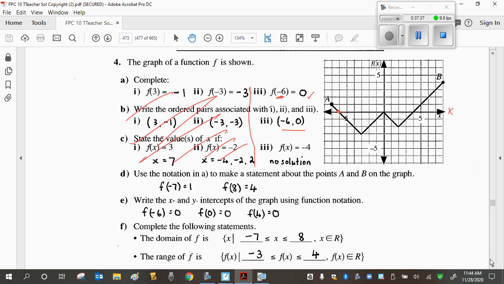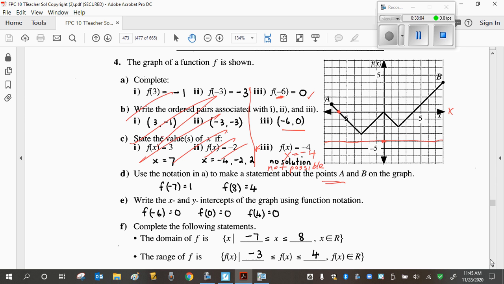And what about y equals -4? That's a new one. What do you mean no solution? Well, let's check it out. y equals -4 is 4 down. And where does the graph hit 4 down? It does not. Or you could also put not possible. I'm not going to be too picky on what you say there.